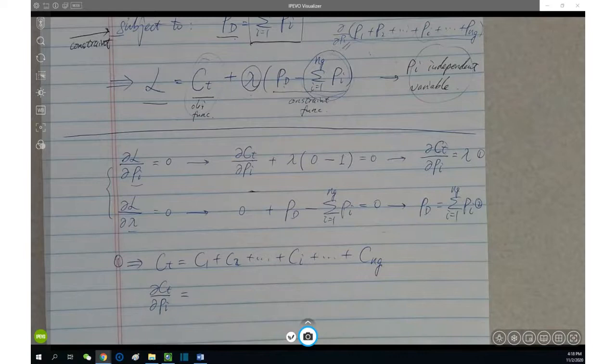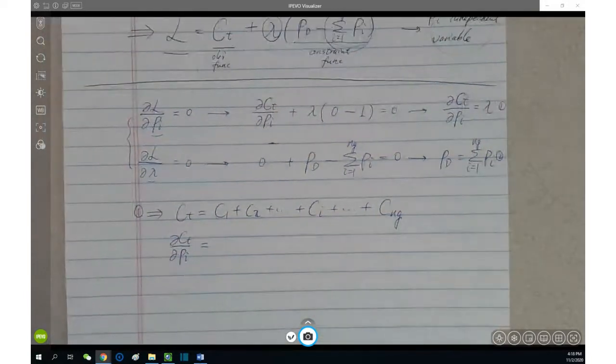What is the answer then? What is it? Anyone? No one? Here, Kevin says it's beta plus 2 gamma pi.